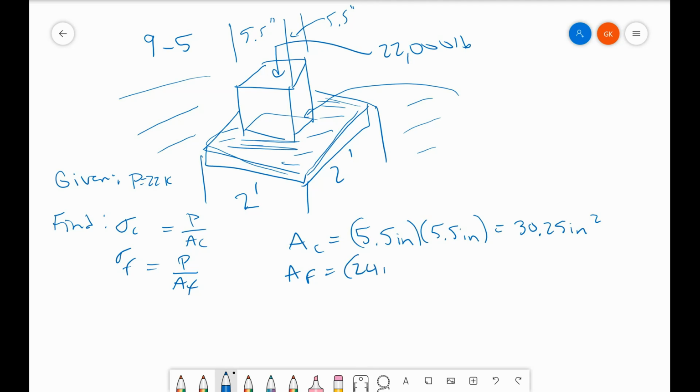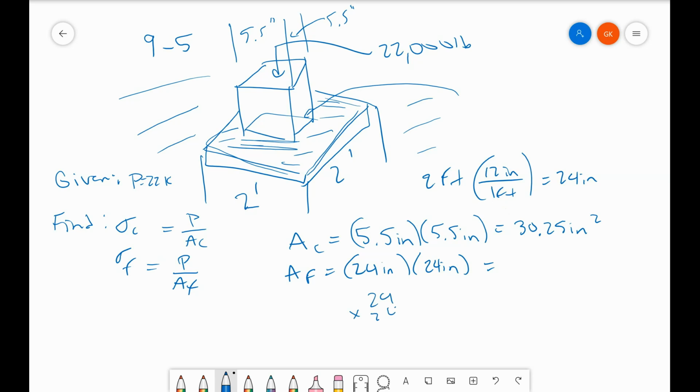And we're going to go ahead and do the area of the footer. That's going to be 24 inches. Be very careful that you switch it. Times 24 inches because 2 feet, there are 12 inches in a foot, is equal to 24 inches. And that's going to come out to something slightly larger, which is going to be, let's see, 480.